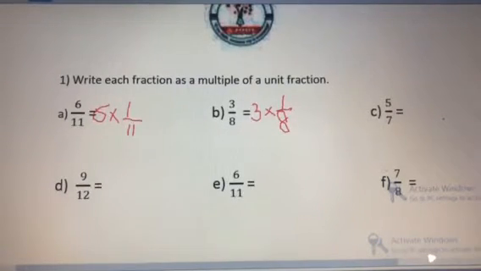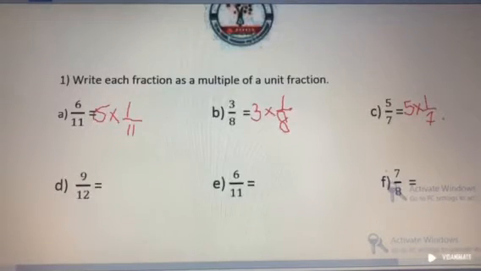Now 5 over 7. I will take 5. This will be 5 multiply 1 over 7.